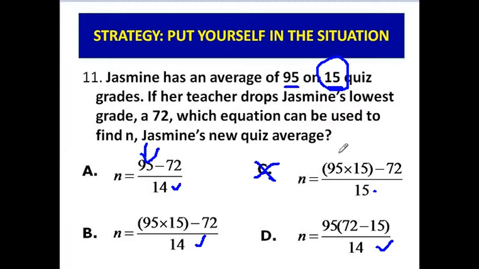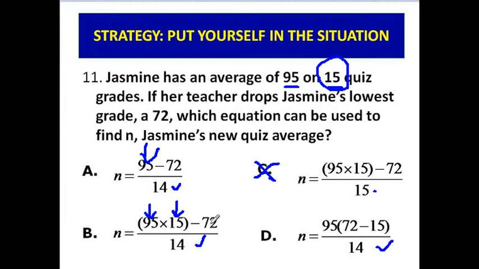This one right here, we've eliminated C. 72 subtract 15, that's her lowest score, subtract the number of questions. That doesn't really make any sense. Right here we're taking 95 and multiplying by 15. Well, she did have an average of 95 on those 15 quiz scores. So if you took an average of 95 and multiplied by 15, you would have the sum of all the quiz scores.